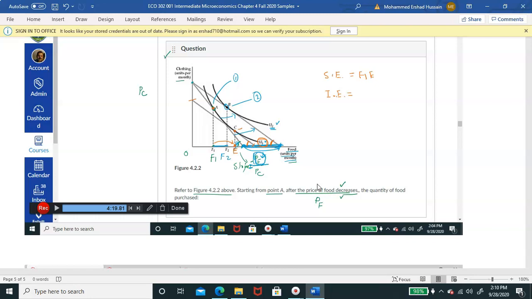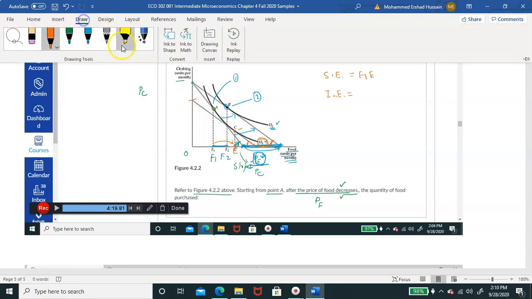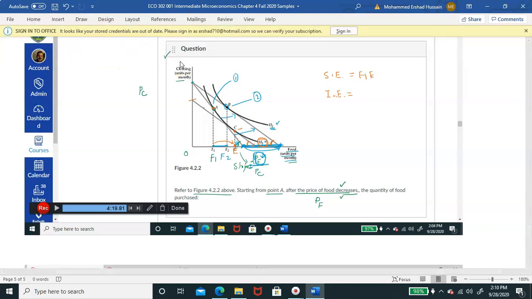That impact of purchasing power is shown by this parallel shift. From C we then move to B, because of the higher level of income, the budget line is shifting out and to the right. This is the income effect associated with this price change, the decrease in the price of food.